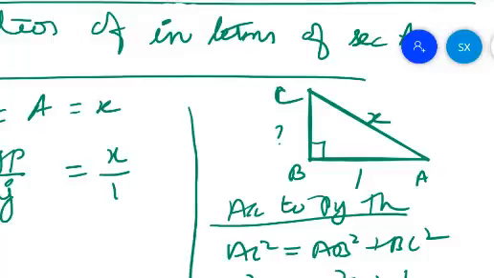So AB is equal to square root of x square minus 1. So this answer will become square root of x square minus 1. Okay, children?